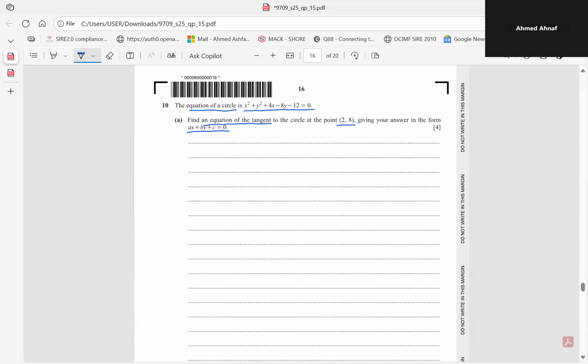So let's write down the equation of the circle. Now, don't memorize the format of the general form. If you're like me, you can bring all the x and y terms together and do completing the square and move the 12 over to the other side.